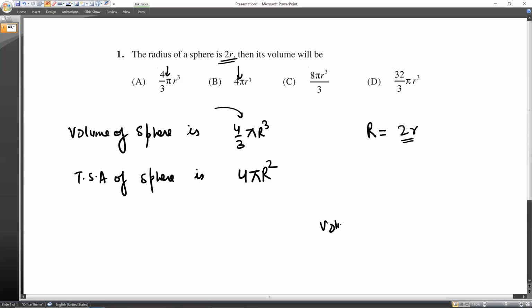The volume of a sphere is equals to 4 by 3 pi. Now R cube is actually 2r. So write down here 2r cube. Got it? 4 by 3 pi and the capital 2r cube. Tell me, what's the value of 2r cube?